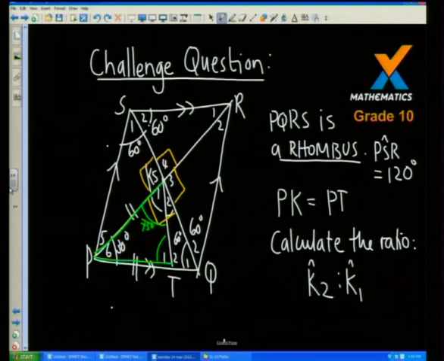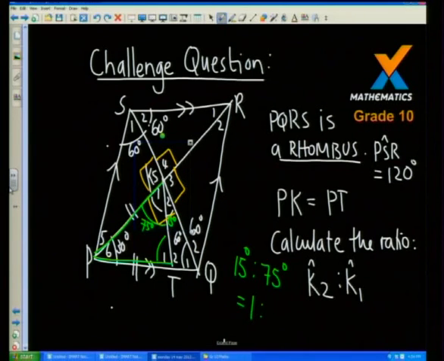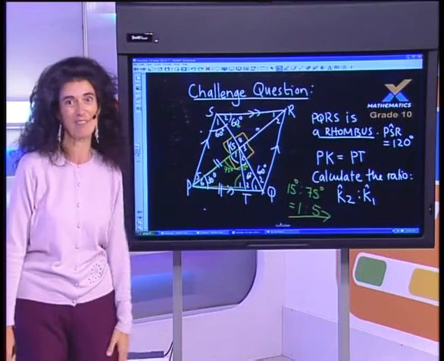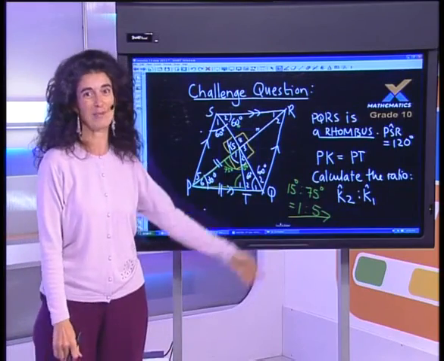But if that's 75 and that's right angled, then that's 15 degrees. So the ratio of K2 to K1 is 15 to 75, or a 1 to 5 ratio. Sorry, I don't know where the 6 and 30s came from on the diagram, but the ratio isn't 1 to 2. It really is 1 to 5.